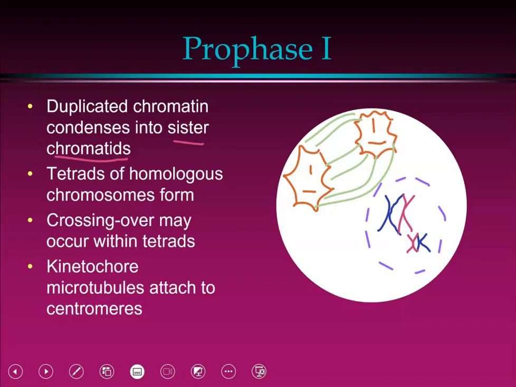The spindle fibers are going to start to gather the chromosomes by attaching to their centromeres. So that's what's described in the last bullet point, even though that's not reflected in the drawing here. You might see early prophase, something like what I drew, or it could be a later stage of prophase. So now we're going to zoom into a tetrad and try to understand what that is and what this crossing over could be.